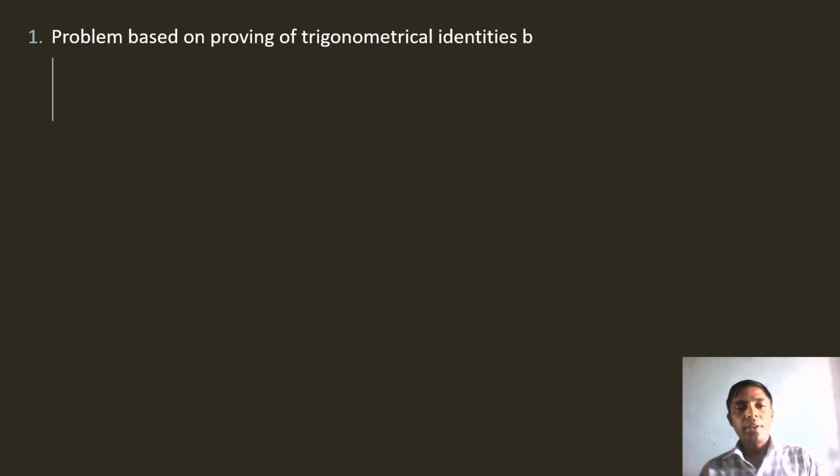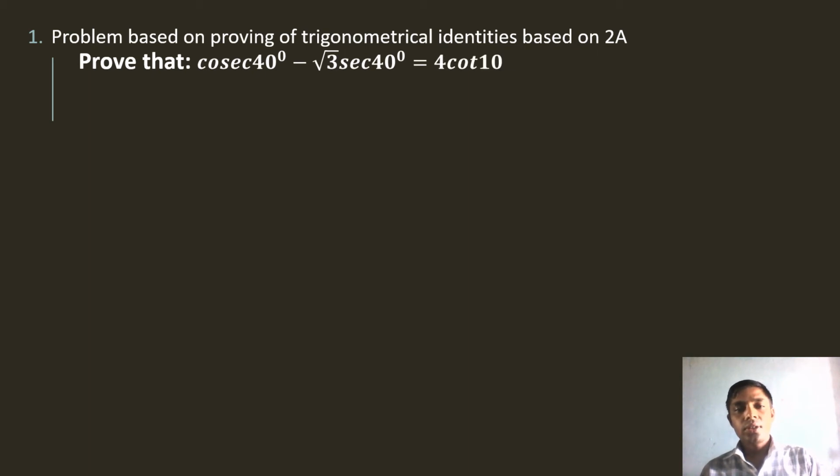So we have now a problem based on trigonometrical identities based on 2A. Prove that cosec 40 degree minus root 3 sec 40 degree equals 4 cot 100 degree. So this we have to prove.